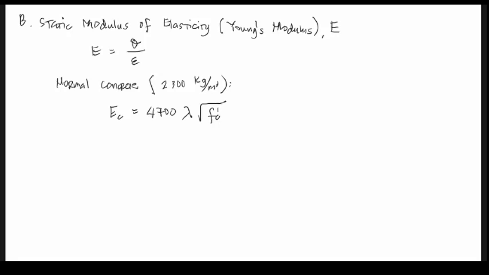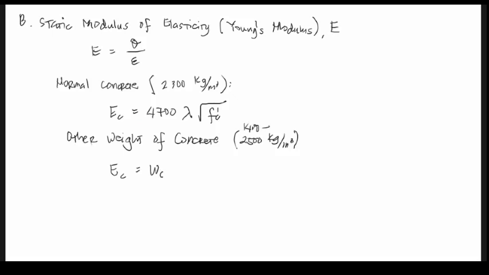And for other weight of concrete, that is more or less 25 kilogram per cubic meter, the static modulus of elasticity is computed as, 1/4 pala, this is for 14225, the weight of concrete raised to 1.5, 0.043 lambda square root of FC prime.